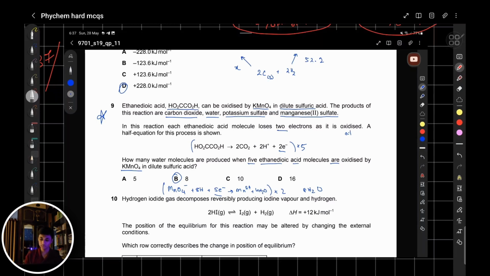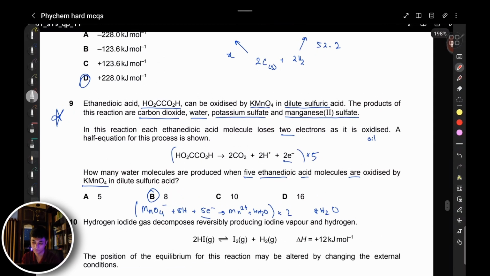Okay. So each ethanedioic acid, when oxidized, is releasing 2 electrons. How many electrons will it release if 5 moles of ethanedioic acid are oxidized? 5 times 2, 10 electrons.